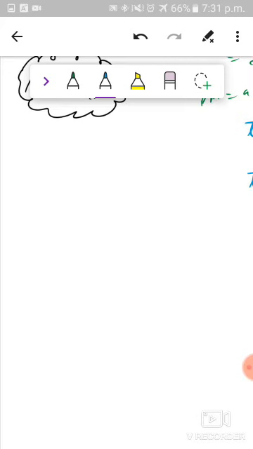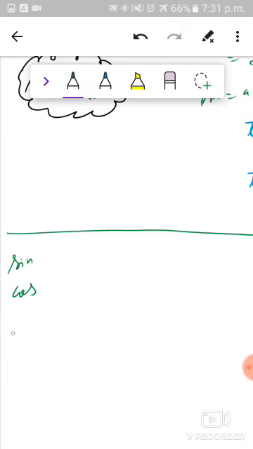Okay. Now I am going to discuss a short trick, how you can find easily the values for all these specific angles. Okay. So this is sine, this is cos, this is tan. Then we can say cot, then cosec, and then sec.